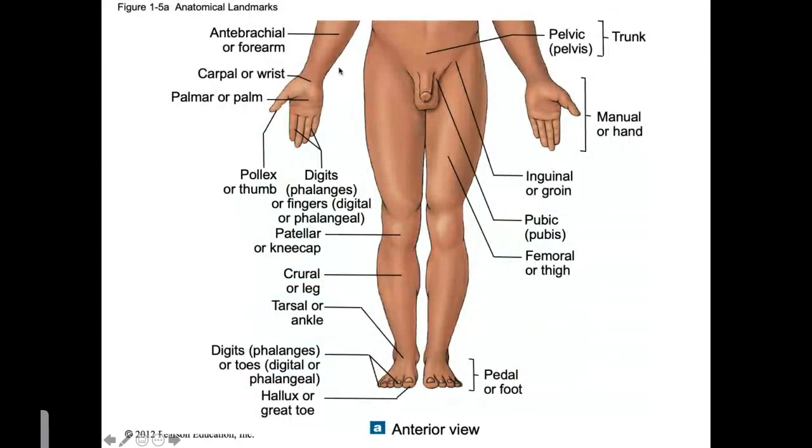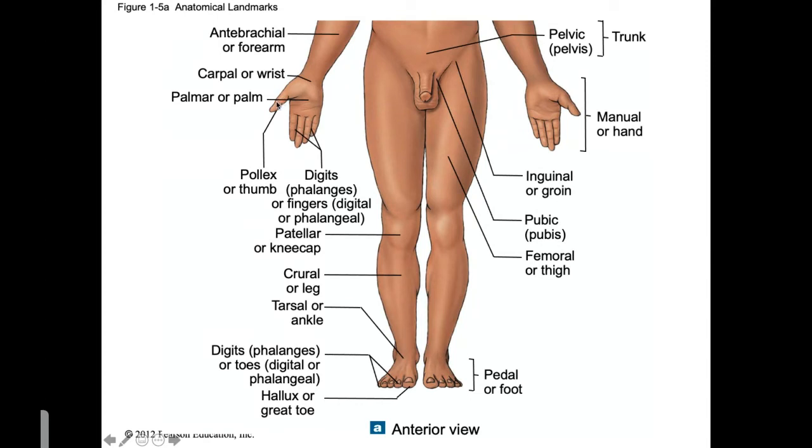Then we look at the lower forearm, the antebrachium. The wrist is called the carpal region, bones of the wrist, carpals. The palm, palmar region. The fingers are called phalanges. The toes are also called phalanges.